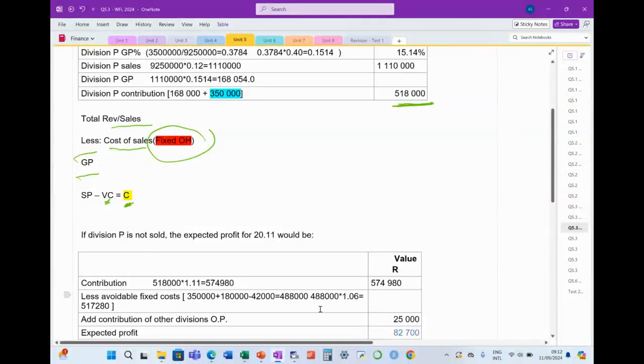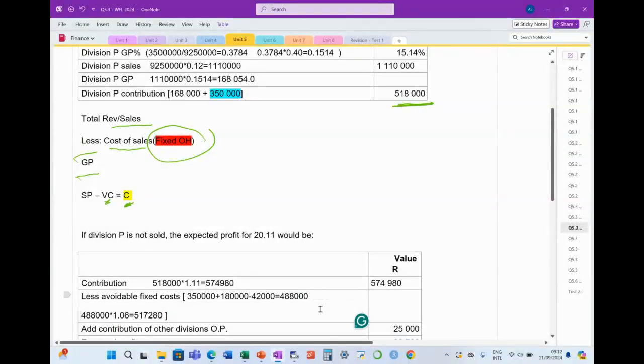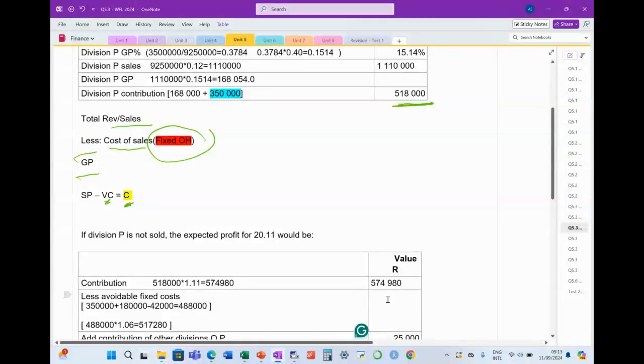Sorry, this is a bit messy. Let me do this just so we can quickly see it. You can ask if you want to. All right, so there's our fixed cost now for 2011. These dates are kind of confusing me, but oh well.